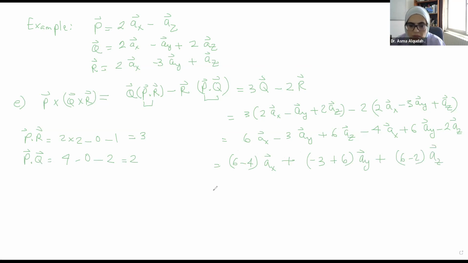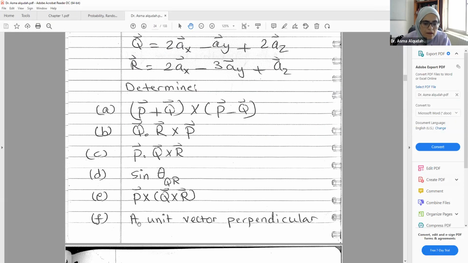Okay, this becomes 2a sub x plus 3a sub y plus 4a sub z. So this is the end result for the vector triple product of P, Q, and R. Okay, let's see what else we have.